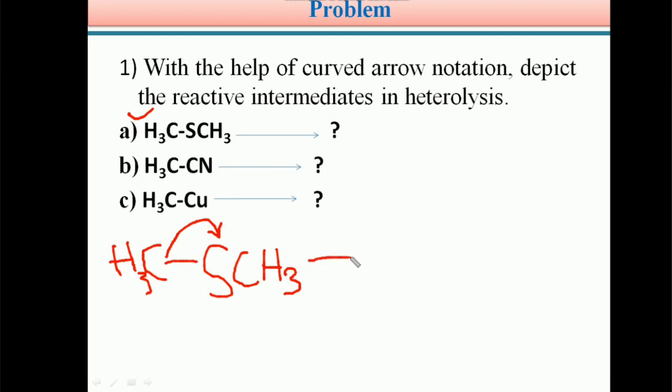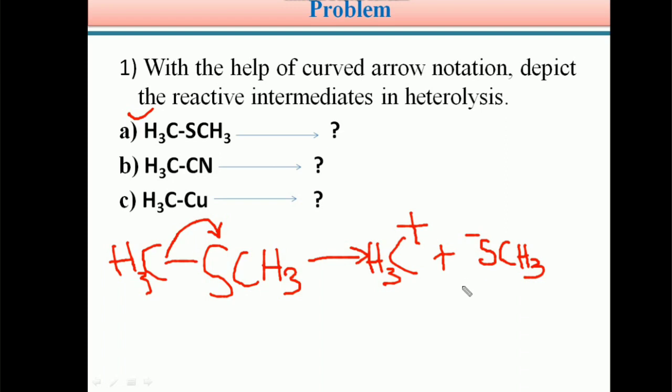These are the intermediates we get during heterolysis of CH3SCH3. Here carbon loses its bond pair of electrons, so carbon gets a positive charge. Sulfur takes the bond pair of electrons, so SCH3 has a negative charge: SCH3 minus.